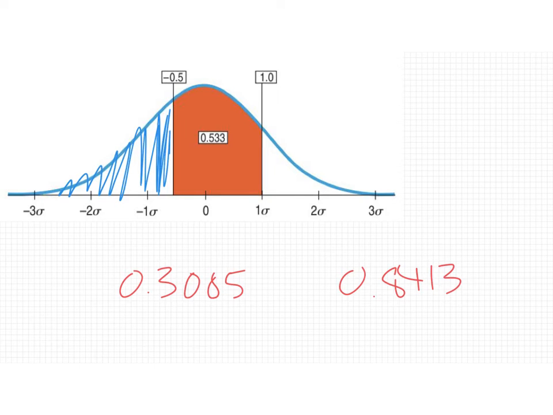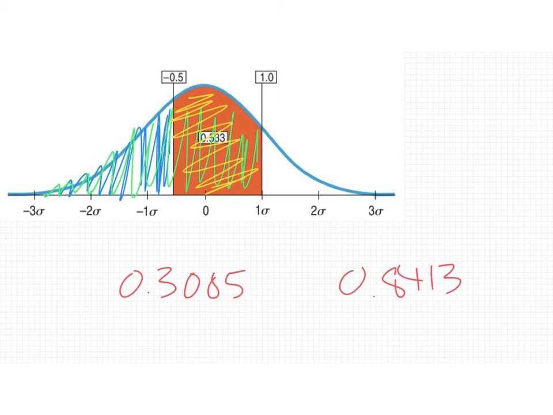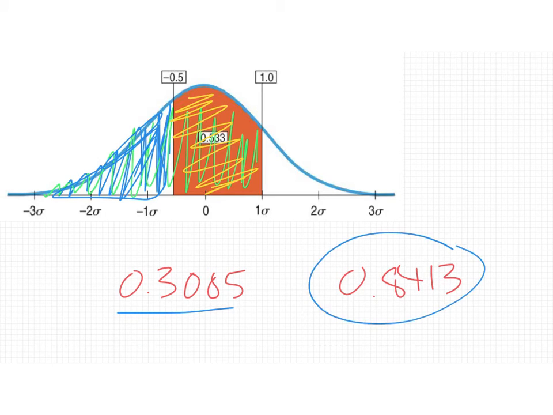So still going from here, but now we're going all the way to there. We've kind of done this before. What we really want is just this leftover green, so we can subtract out this blue area, which we know comes from that. Essentially you take the whole area and you take away the part that you don't want.